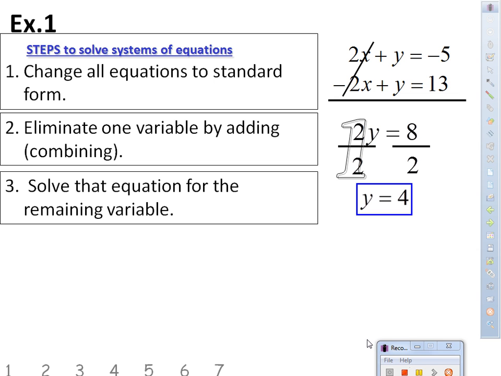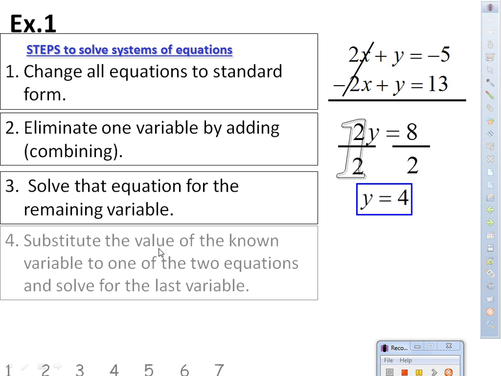However, for a system of equations, don't we need an x value also? So what do you think? We substitute into one of the 2 equations, right? So check this out. Step 4, it says substitute that value into one of the 2 equations and solve for the last variable. So I'm going to use the first equation, 2x plus y equals negative 5, but instead of y, what do I write? 4. So there it is.